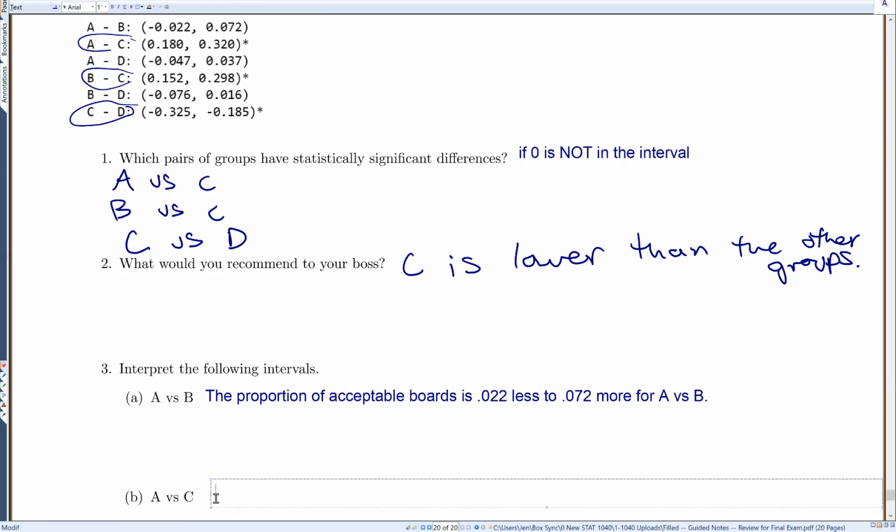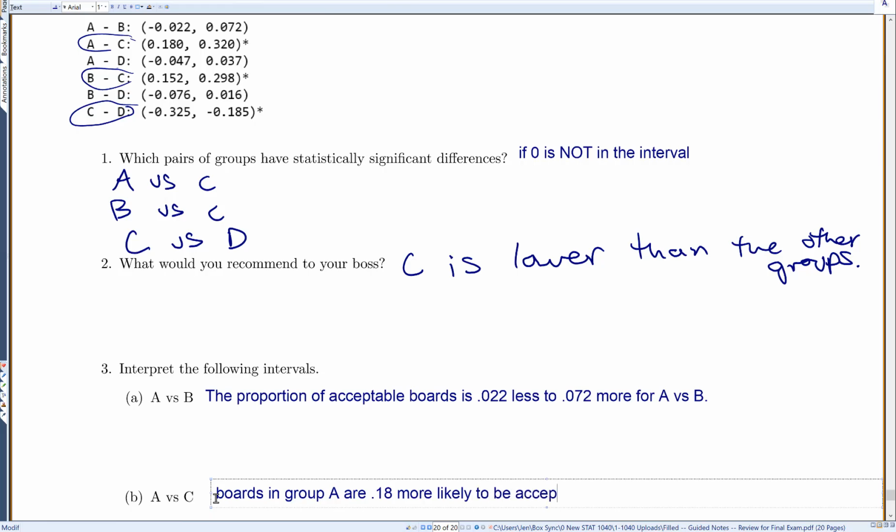Or you could say something differently. Let's do A versus C now. So boards in group A are, for A versus C, 0.18 to 0.32. We can say more likely, so it has a higher proportion or higher probability.